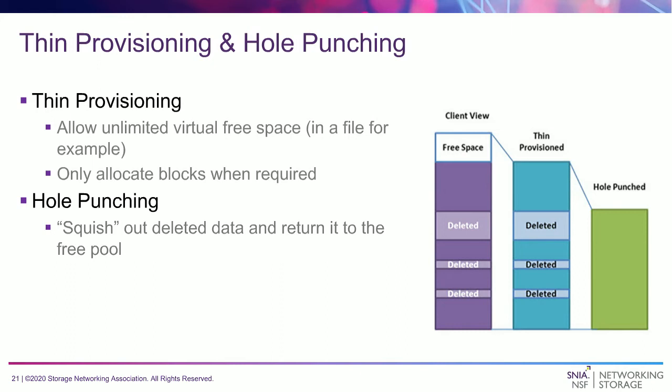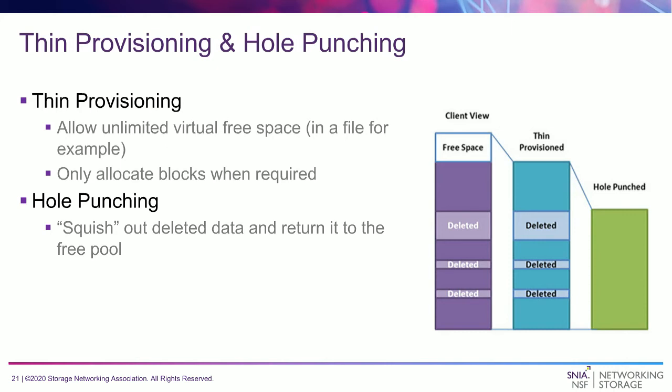Just thin provision everything. In other words, don't store the free space. Don't allocate blocks to free space. And if you think about a virtual file system, that's a relatively easy thing to do. I have a big inode, but I don't point to anything. All the pointers are empty, in effect. They're pointing to space that hasn't been written to yet.